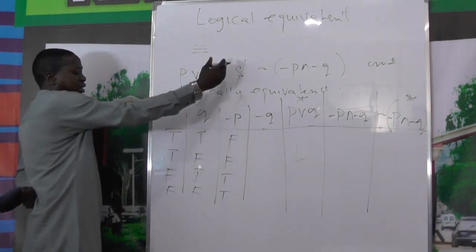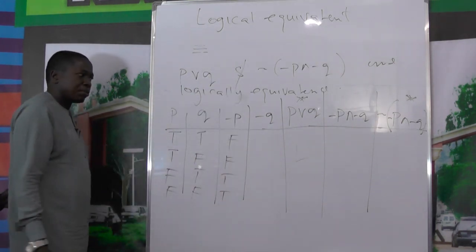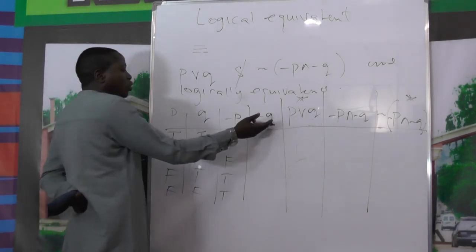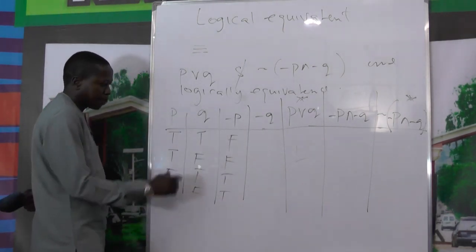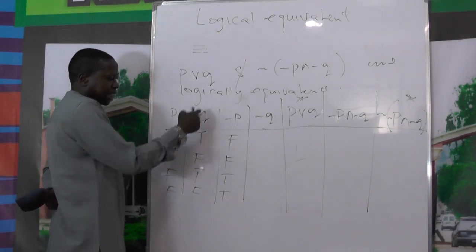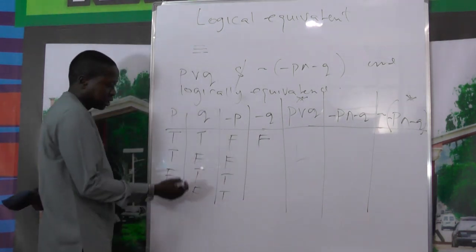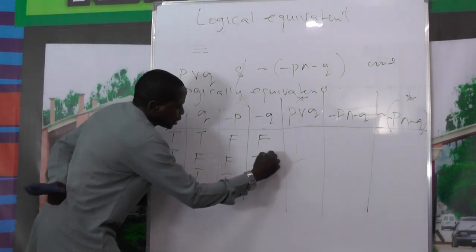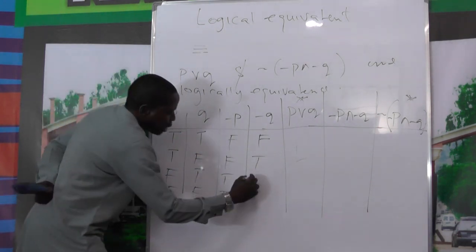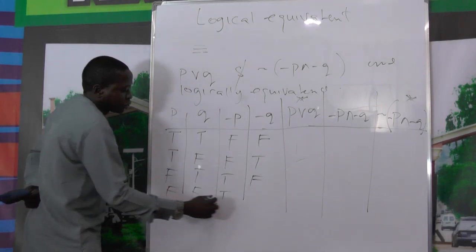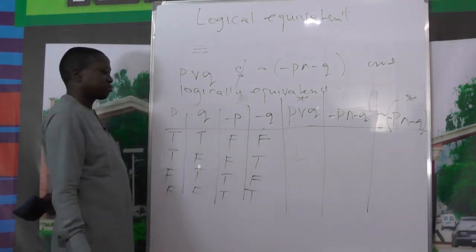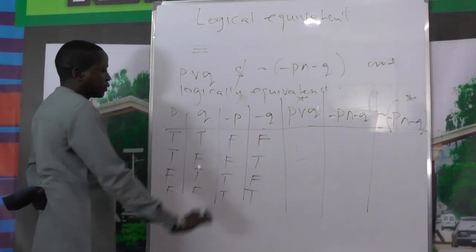We have negated the what? The P, yes. Now go to the Q also. Here I have T. Since I'm now on the Q, T here will become false. False here becomes T. T here becomes false. False here becomes T. So now I'm done with this one.